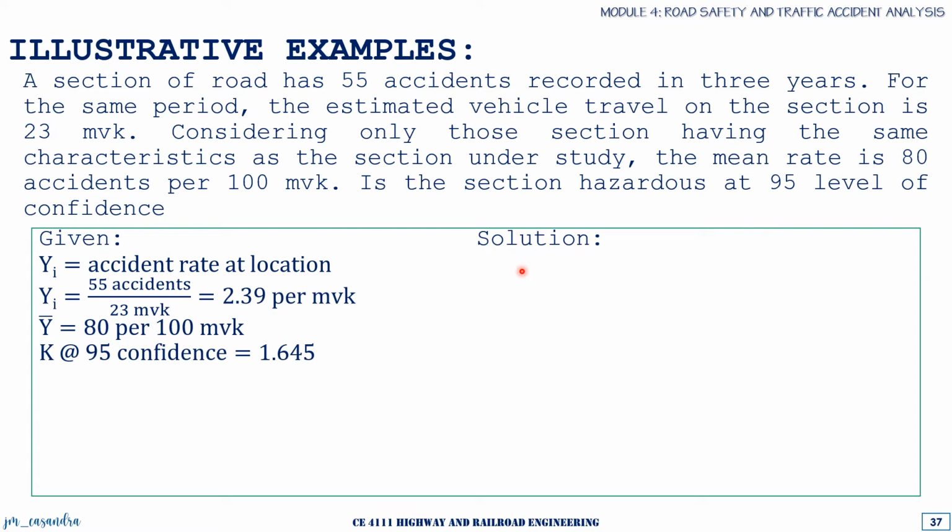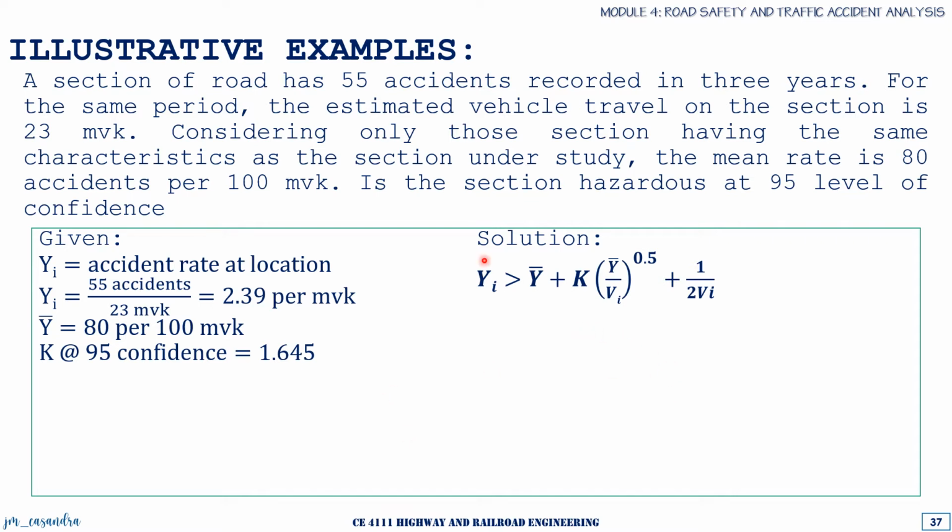Therefore, we are going to use here the equation for rate quality control method. So in that case, we follow now the condition y sub i is greater than y bar plus k times the square root of y bar over v sub i, plus 1 over 2 v sub i.